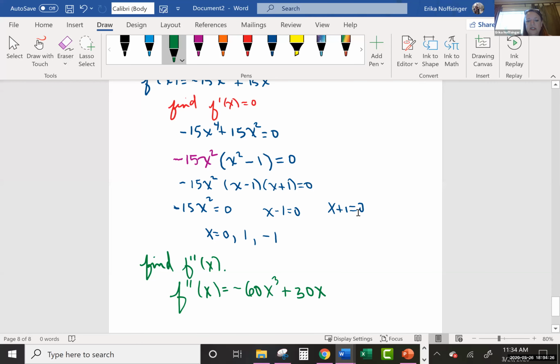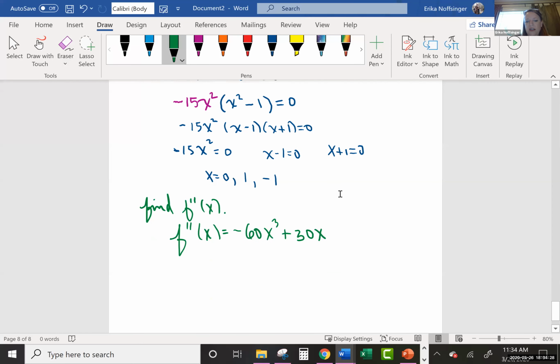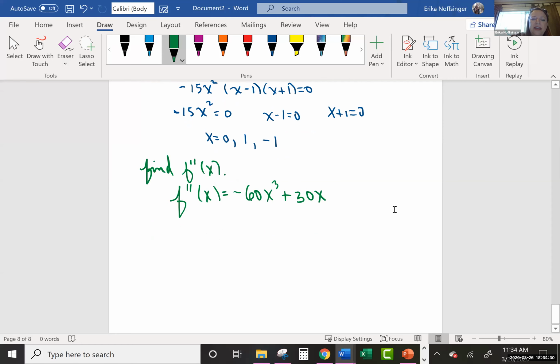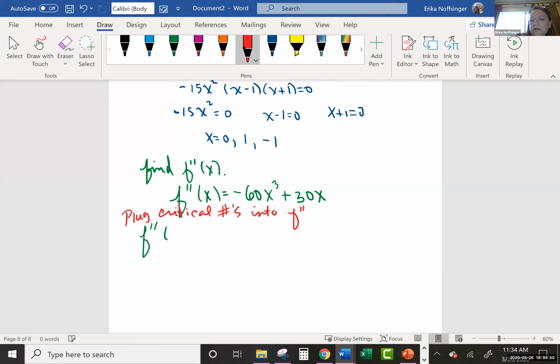Okay, so I'm using the test to see if we have a max or a min. And so we want to plug our critical numbers into f double prime of x.